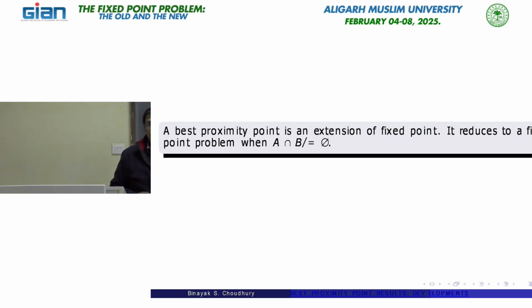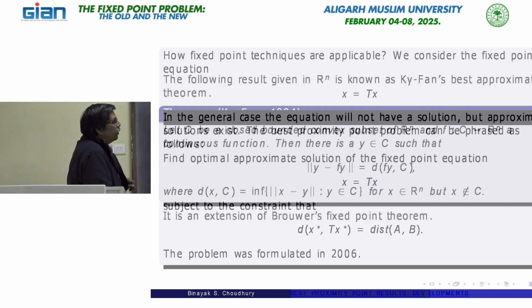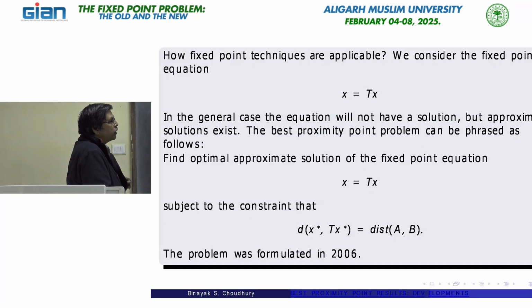Now, what do we actually do in fixed point theory? We find a solution of the equation x is equal to Tx, and then we solve it. If we have a solution, then x* is equal to Tx*. But if you consider this equation in this context, x is equal to Tx, will it have any meaning? Apparently no, but in another sense, yes.